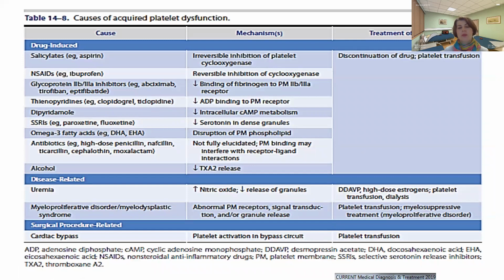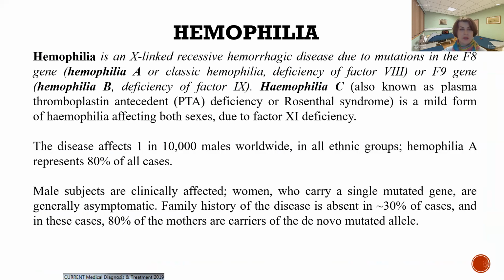Myeloproliferative disorder or myelodysplastic syndrome can cause acquired platelet dysfunction due to abnormal receptor functioning and signal transduction or granular release. Cardiac bypass, through platelet activation in the bypass circuit, can lead to acquired platelet dysfunction, and in this case, platelet transfusion should be prescribed to stabilize the patient.